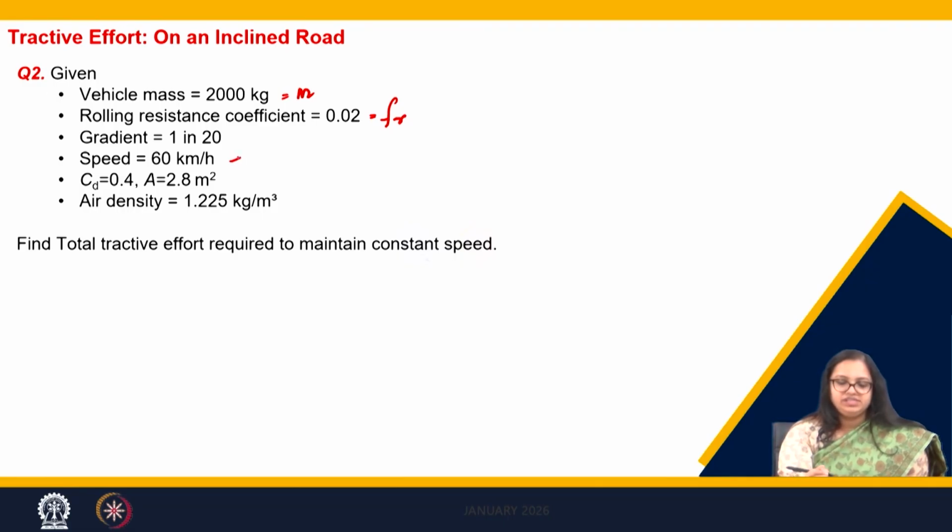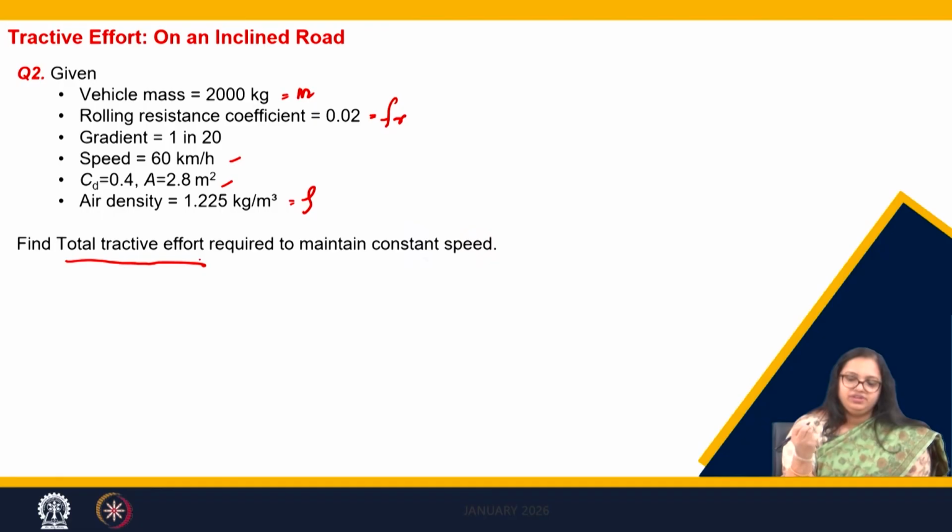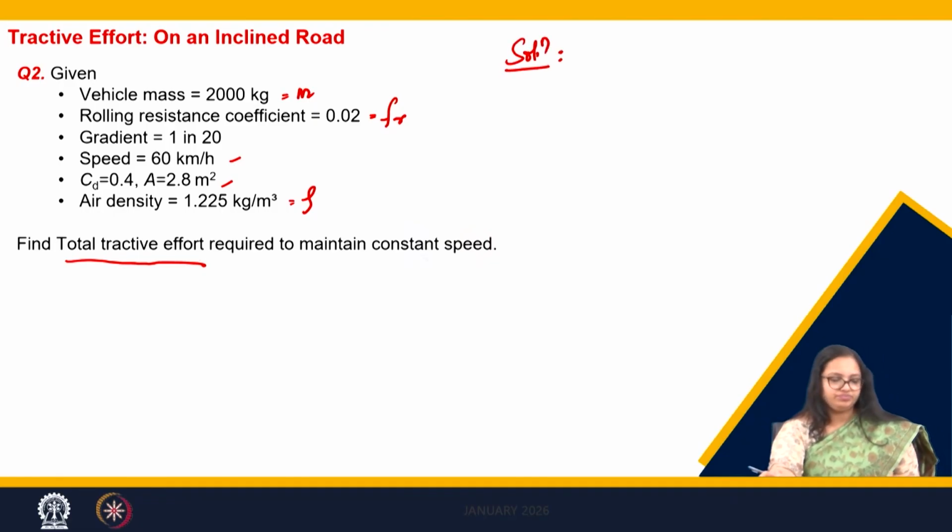Here your CD is 0.4 and your frontal area is 2.8 meter square. Air density here is given as 1.225 kg per meter cube. So, we have to find the total tractive effort. So, let us find the solution.